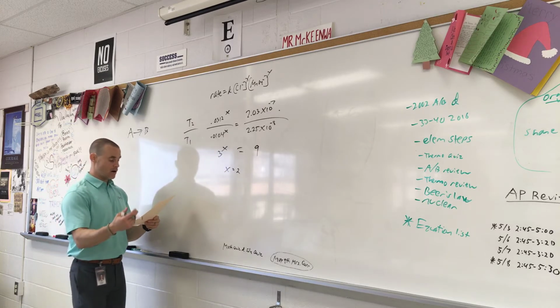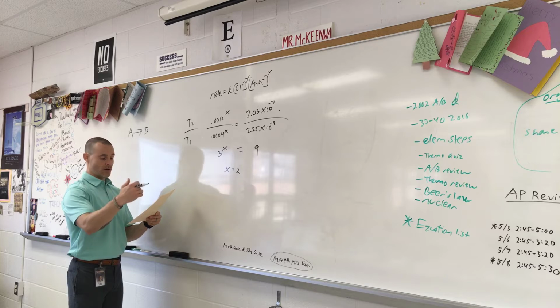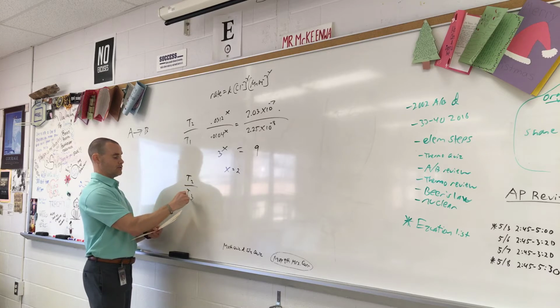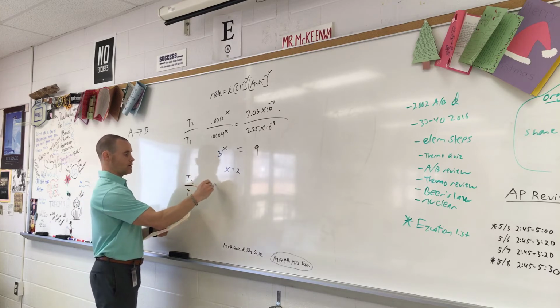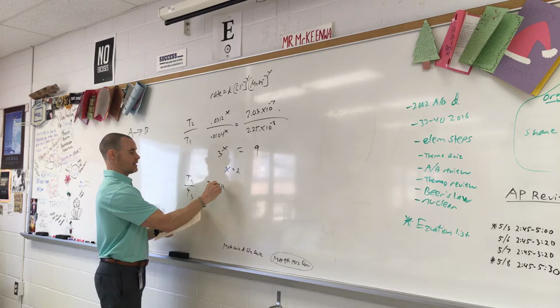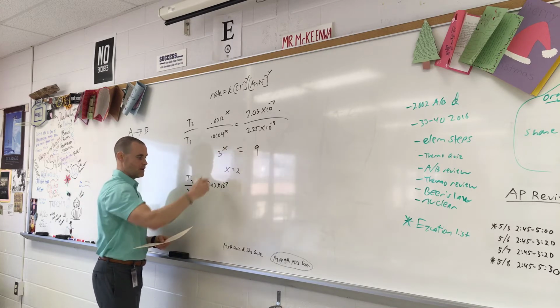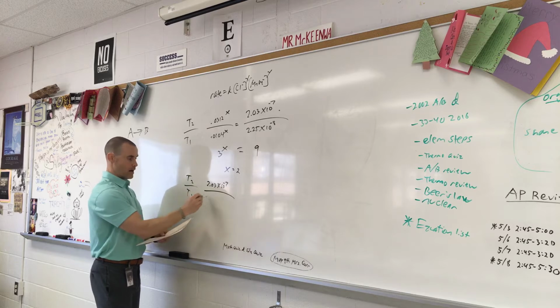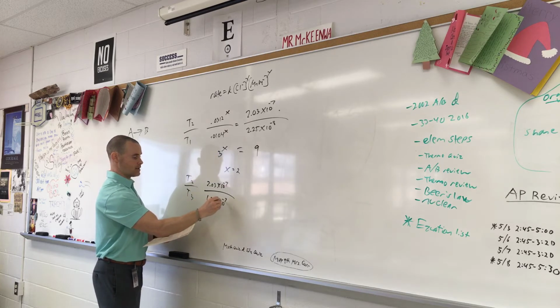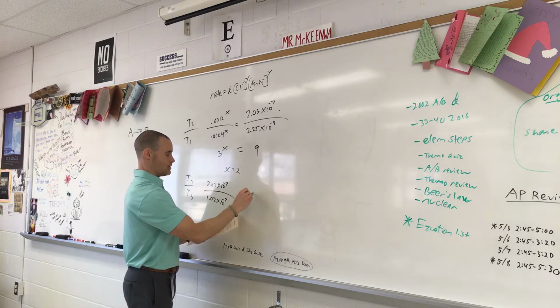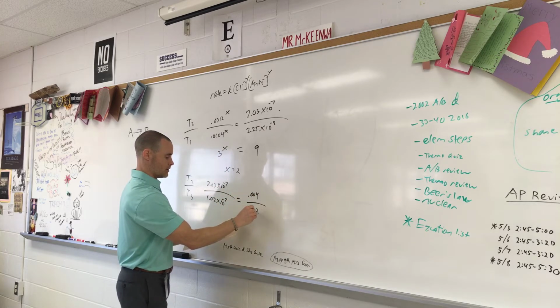For MnO4, I would take trials 2 and 3. So this time I'll do it correctly, trial 2 divided by trial 3, it's 2.03 times 10 to the negative 7. I always put the bigger number on top because we don't want to mess with decimals down here. Divided by 1.02 times 10 to the negative 7 equals 0.004 divided by 0.002.